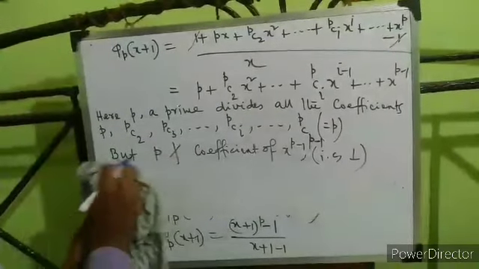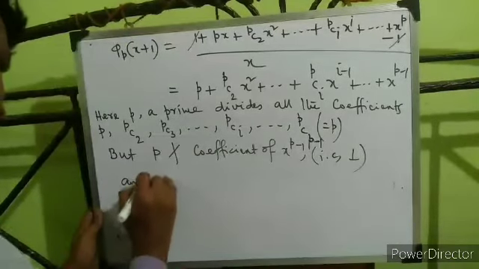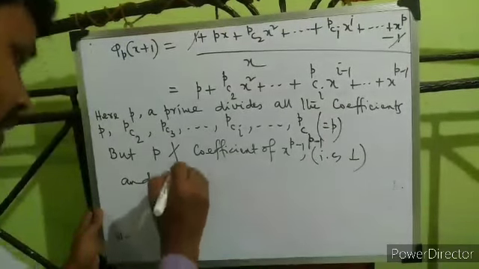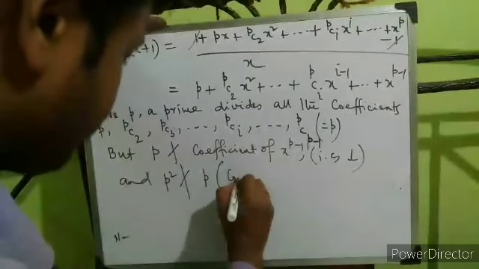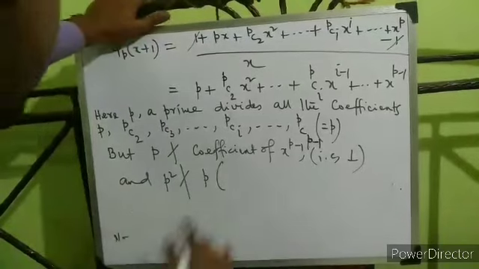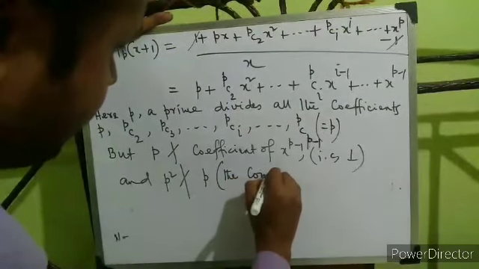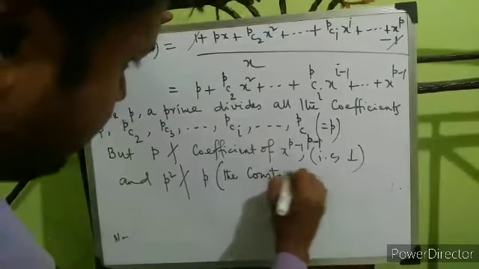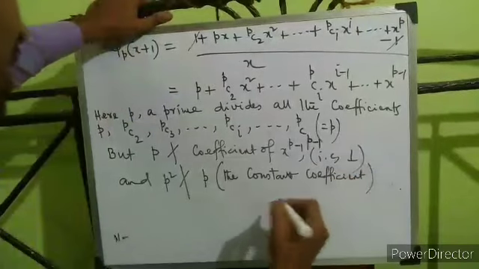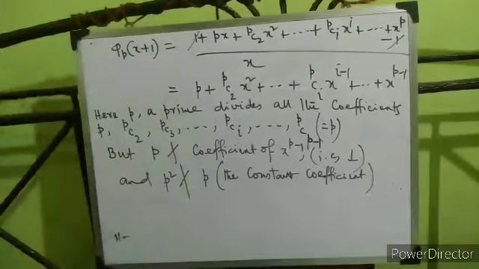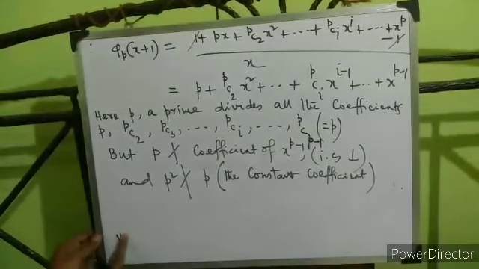So p does not divide 1, and p square does not divide the constant coefficient, that we call a0. So p does not divide p square.